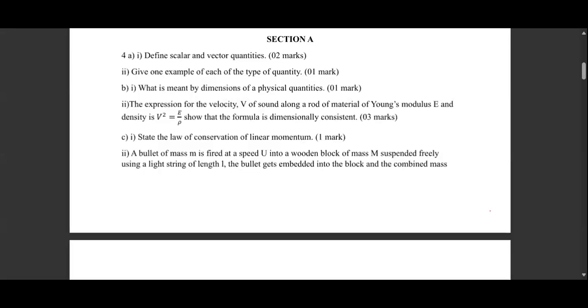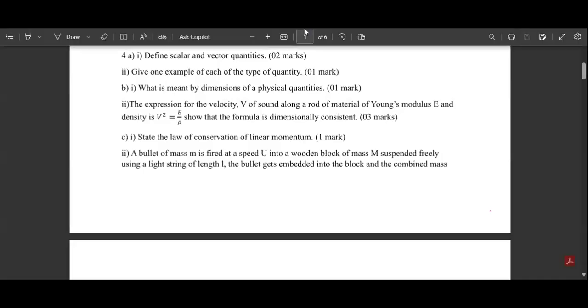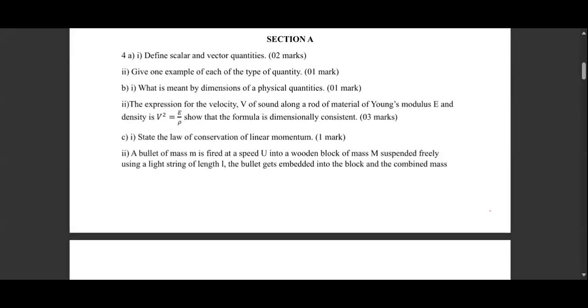They want us to show that this formula is dimensionally consistent. So for this case, I'm going to share with you an open screen where I'm going to be doing some calculation and other parts.